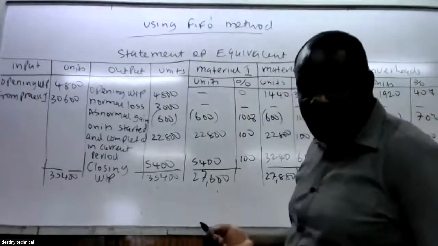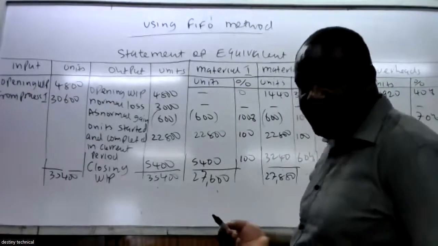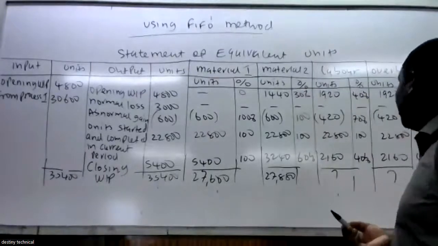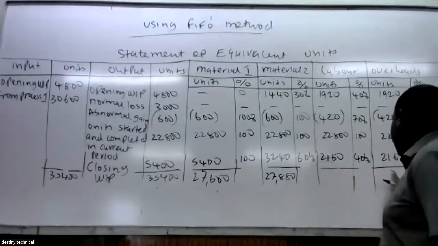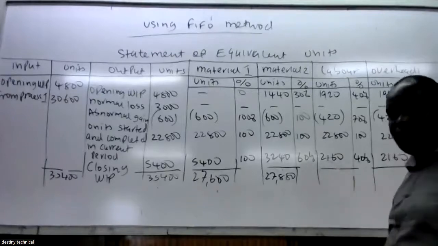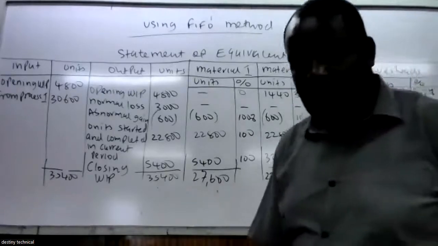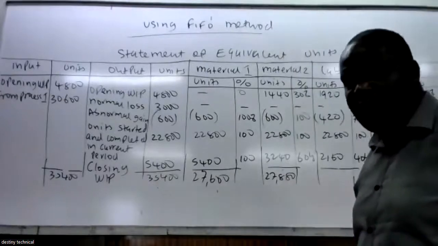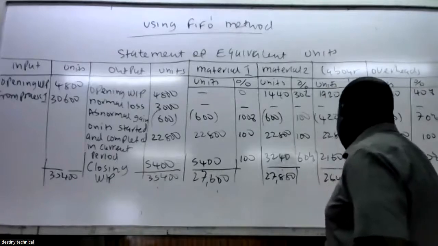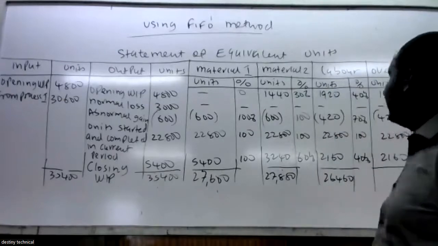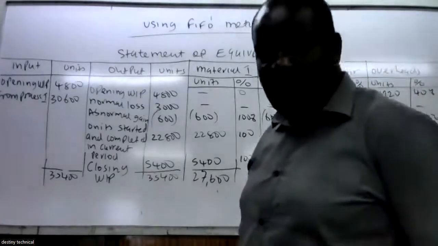Then labor is which figure? Labor is 26,460. Overhead is which figure?